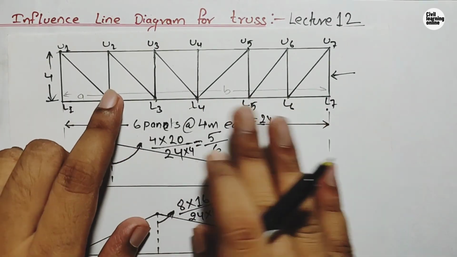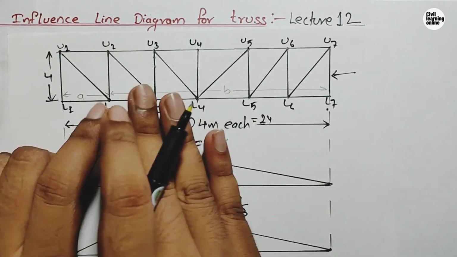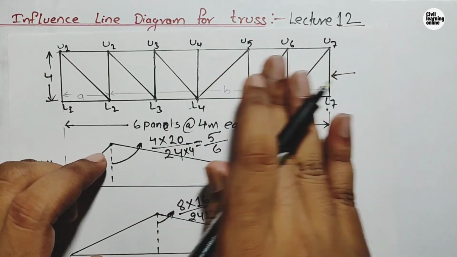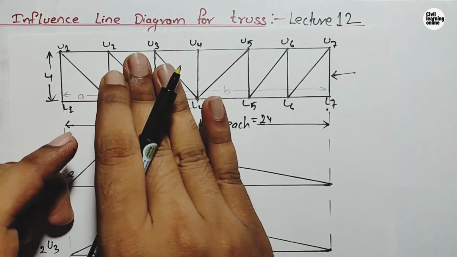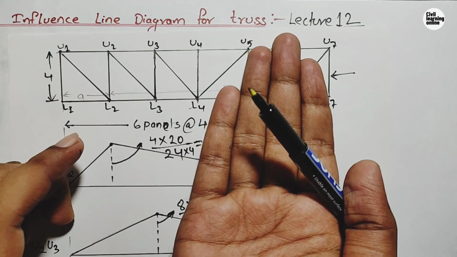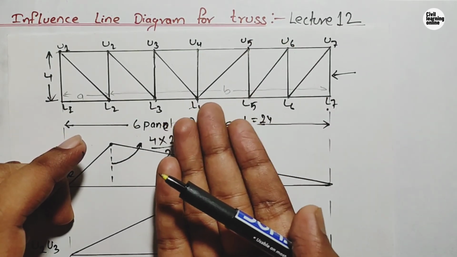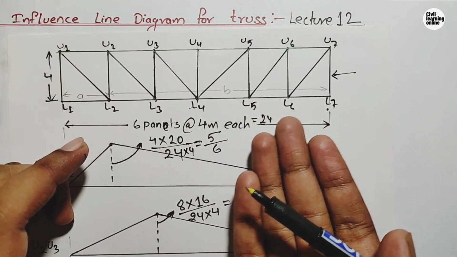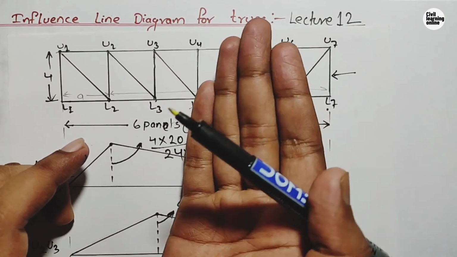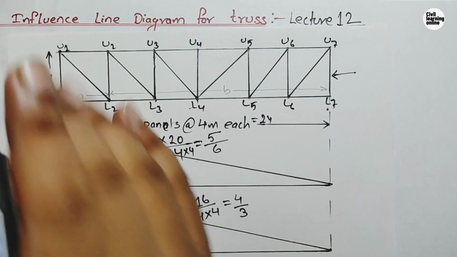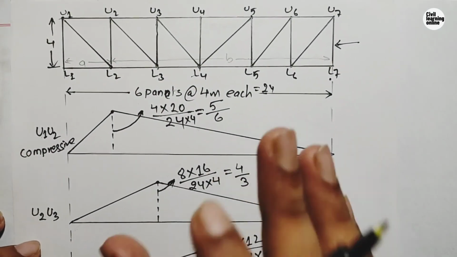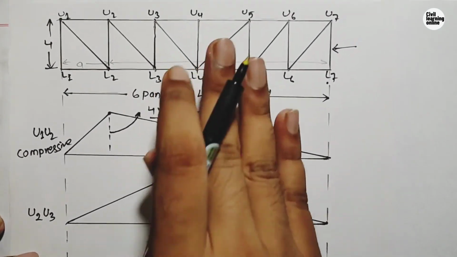Now see here guys, if you have a close view of this truss, you will come to know that this is a symmetrical truss, meaning this portion is actually the image of this portion. If we turn this portion, from L3 L4 L5 L6 L7, then we can place it over this, and this condition is going to help us.